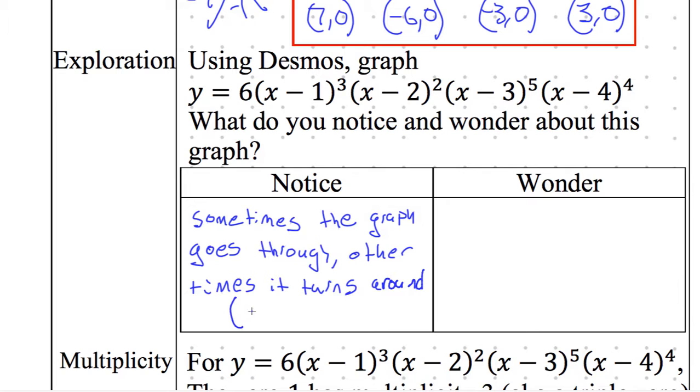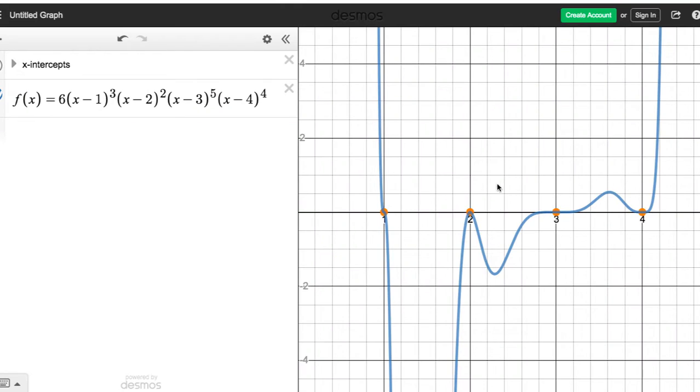And when I'm talking about this, I'm talking about the x-intercepts. And what do I wonder? One thing I wonder from this graph is, does this work if I had something like an x plus? I only see x minuses here.